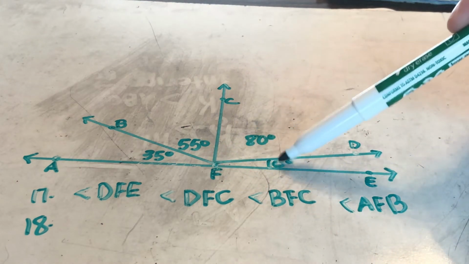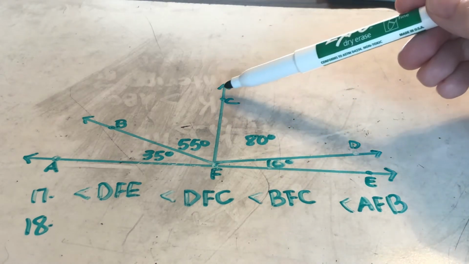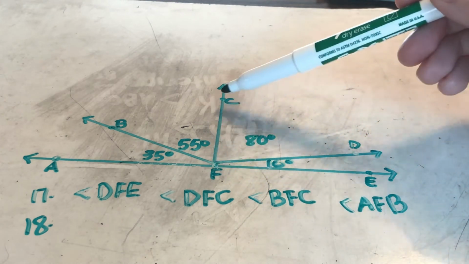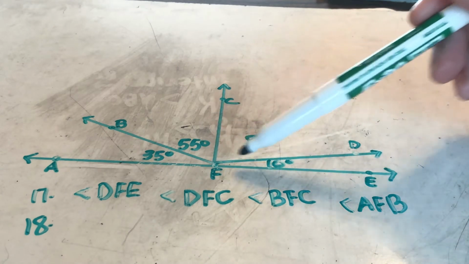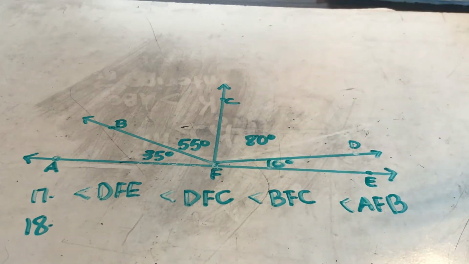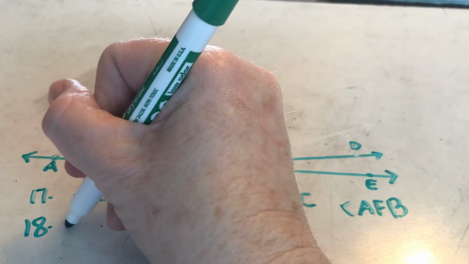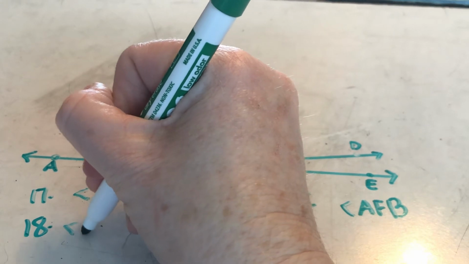This is 80 degrees and this is 10 degrees, and if I add those together, that does equal 90. So I know that this right here, EFC, or you could also call it CFE, angle CFE is 90 degrees. So that would be one of the right angles, and we would have to write our angle sign, angle CFE.